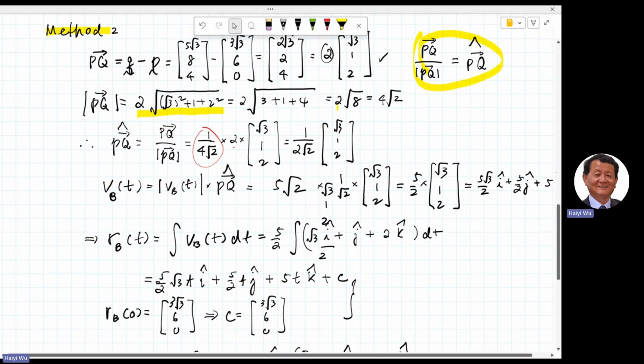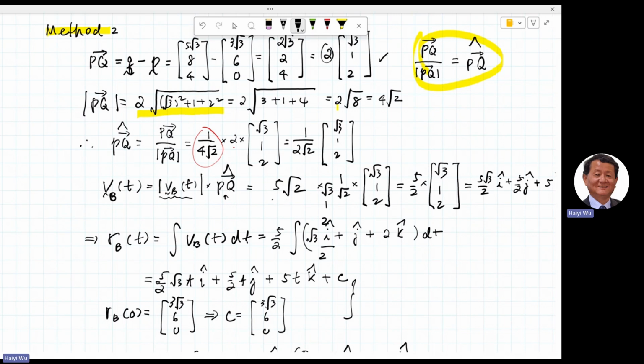Therefore, the velocity of particle B is equal to the magnitude of the velocity of particle B times the direction, the unit vector of PQ, because they travel in the same direction.